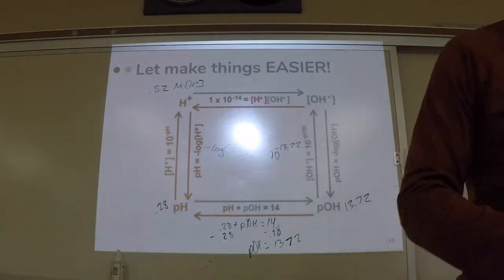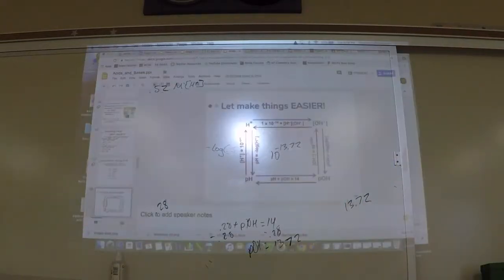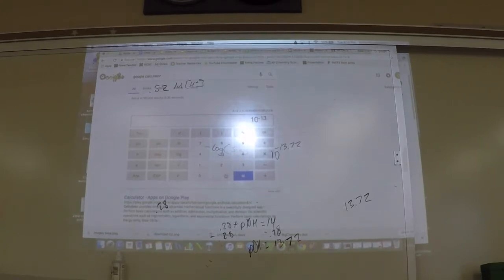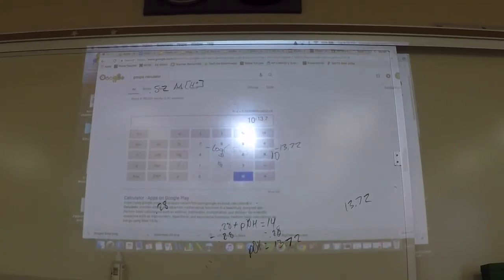So I go to my Google calculator and I need to do, clear this, 10. Now you might be like, how do I put in an exponent? Well, you're going to actually go x to the y, which is this button right here. And I'm going to enter in negative 13.72.